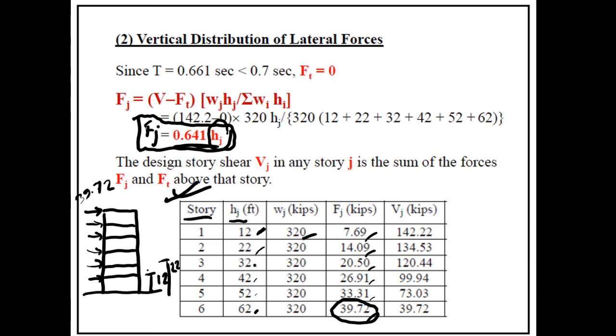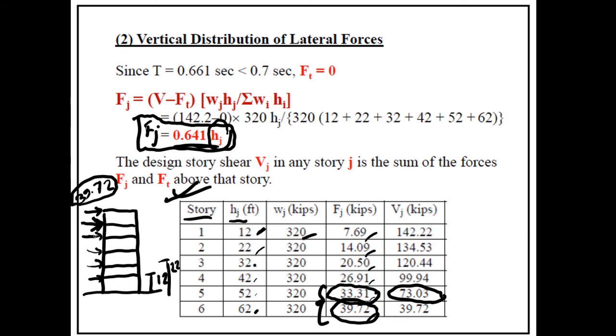Now if we want to calculate the force for the 5th story, the force only for the 5th story has been calculated as 33.31, but we know that in order to calculate the force in the 5th story we need to consider the previous one also, as the 6th story is constructed just on the top level of the 5th story. So the total force that will be acting on the 5th story will be 33.31 plus 39.72, which will be 73.03.